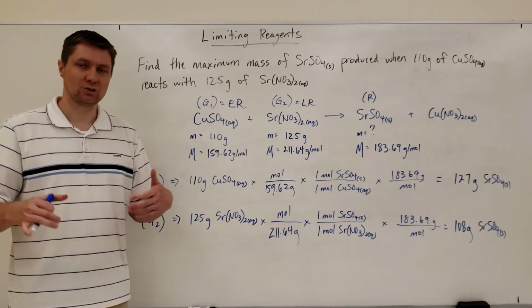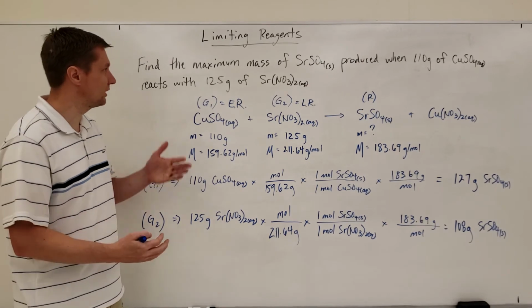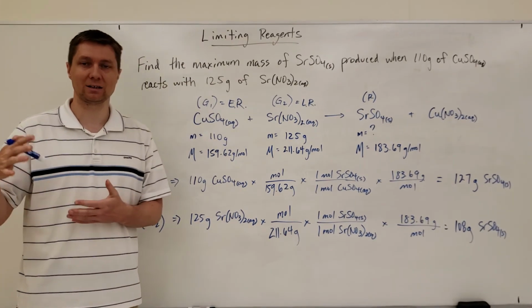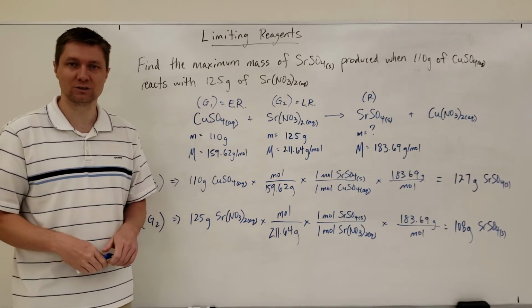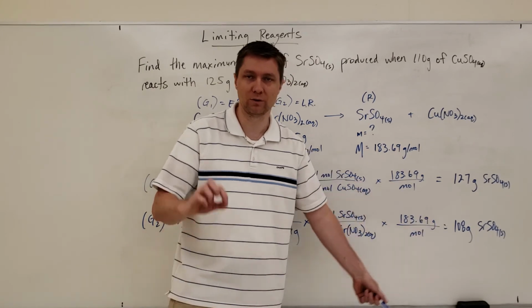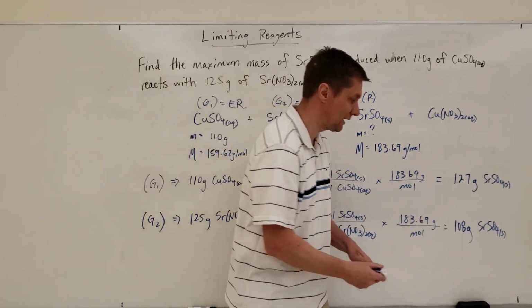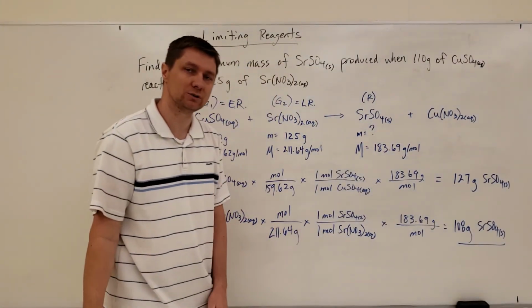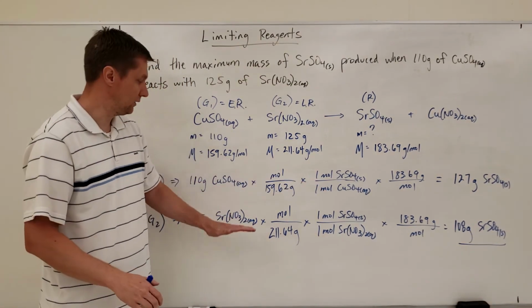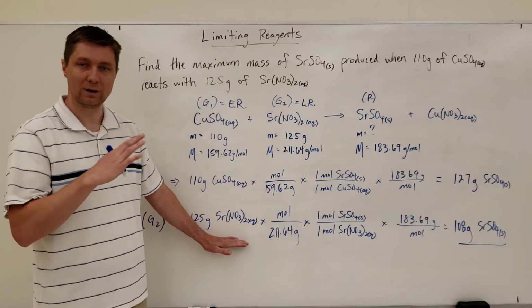So just to recap, with questions like this, you'll be asked for limiting reagents, either to find the maximum mass of some substance that's produced, and when you do that, you've got to make sure that you are looking for the number that's the smallest. This is the maximum mass that can be produced of strontium sulfate, because once I get to that number, this substance has run out and the reaction will stop.